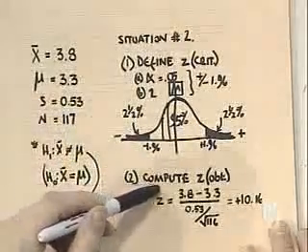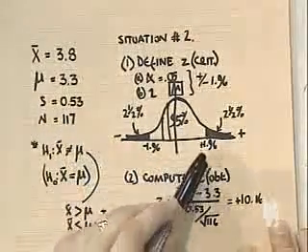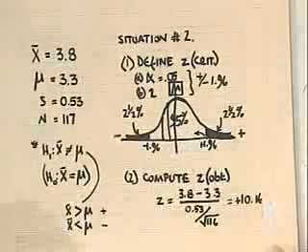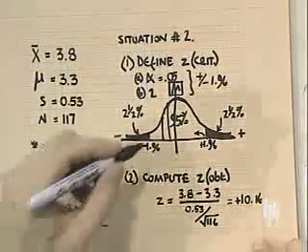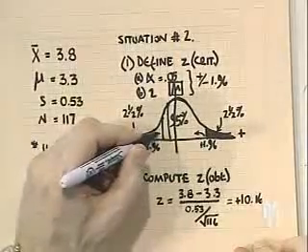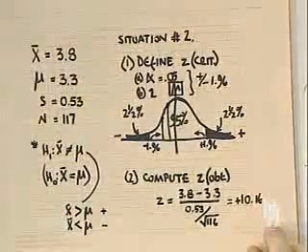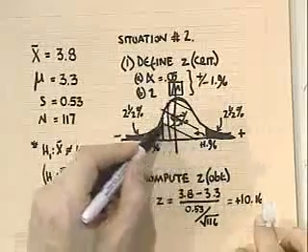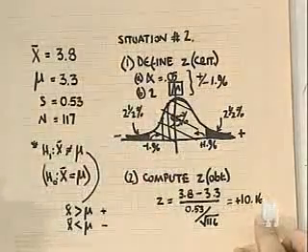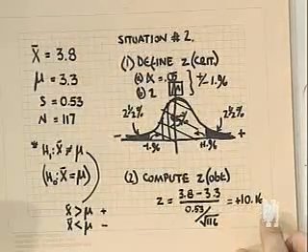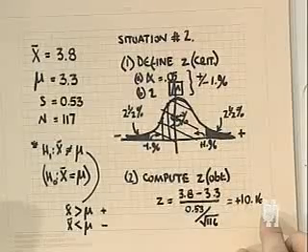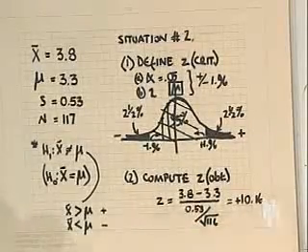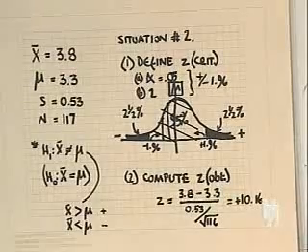So had we computed z obtained and discovered that it was either less than plus 1.96 or greater than minus 1.96, that is, in this open area, the area I'm now shading, we would have failed to reject the null hypothesis. 10.16 standard deviations is way beyond that.